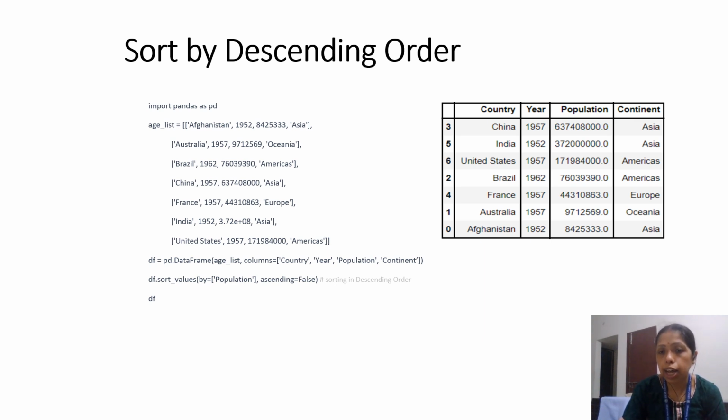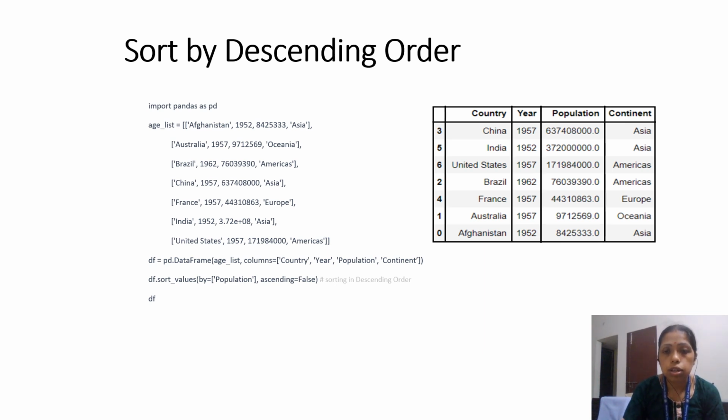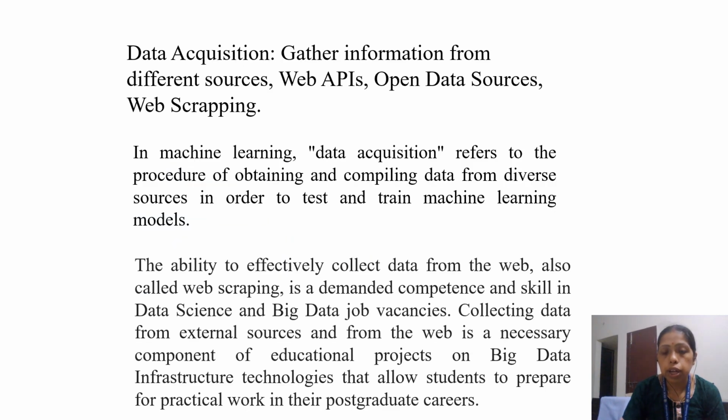The population with the larger value comes first, then the smaller, and the smallest population comes last. So if ascending is equal to False, the data is sorted in descending order based on population. So this is about the sort function for pandas.